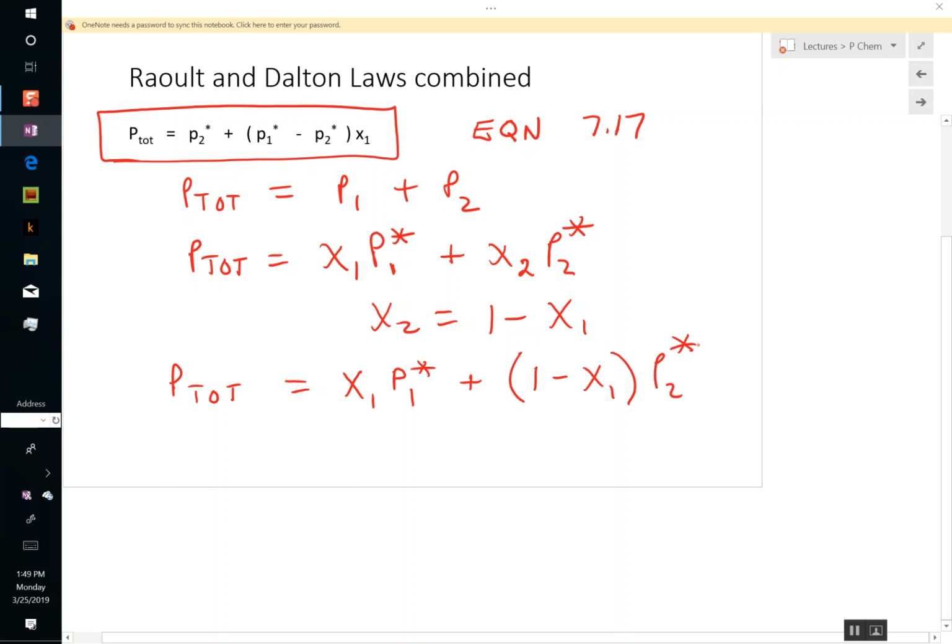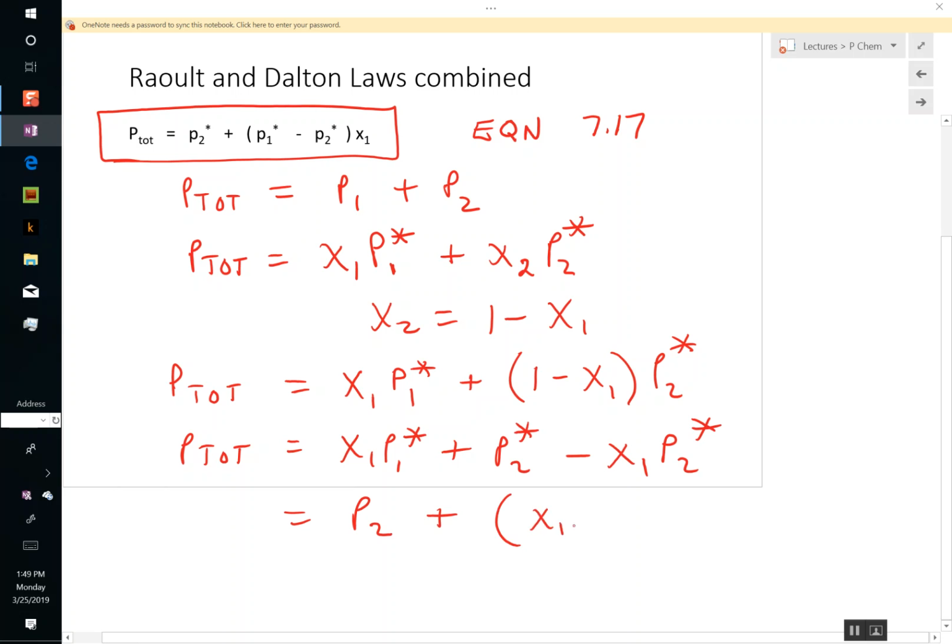And we're almost done here. So let's just at least derive this. And so you get P total equals x1 P1 plus P2 minus x1 P2. So this is going to be P2 plus x1 P1 minus x1 P2, with an asterisk on it.